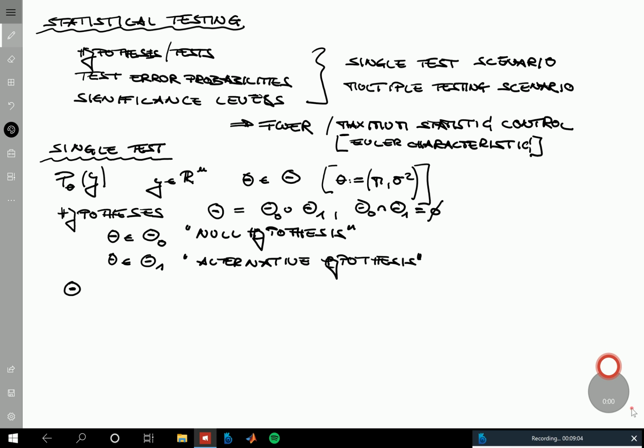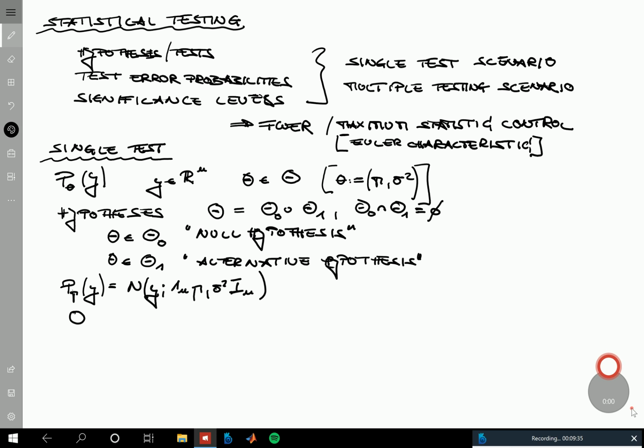So, for example, if you're thinking about, again, something like you have data, so your data model is something like this. You have a normal distribution, so a multivariate normal distribution over n data points. Then your parameter could be mu, and we assume that the variance parameter is known. And then a partition of the parameter space.